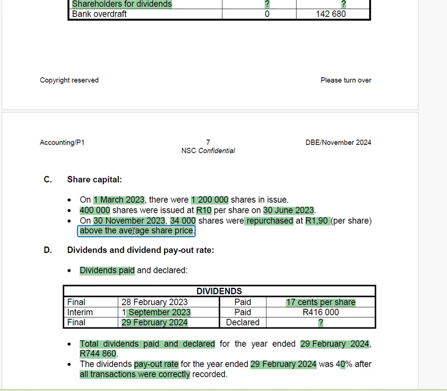You need to calculate the average share price, and then add 1.90 Rand, because we are told that when they made the repurchase, it was at 1.90 Rand above the average share price. So we need to get the average share price, add this amount, and then multiply by 34,000, which is the number of shares.